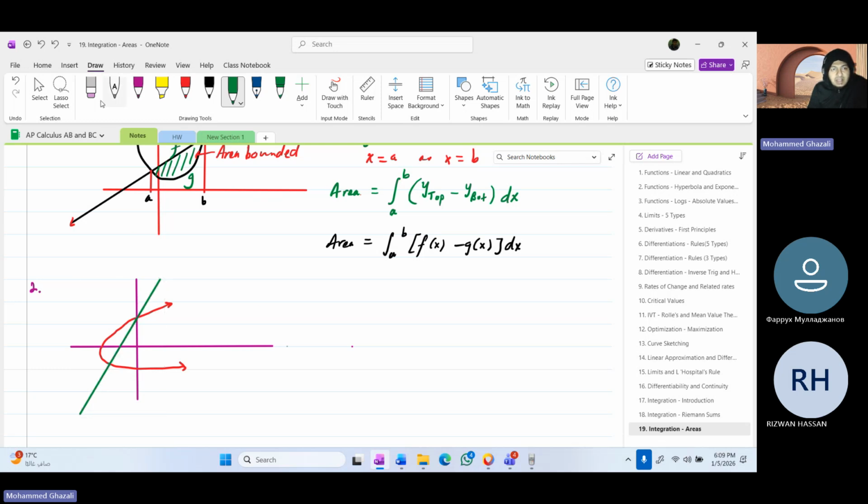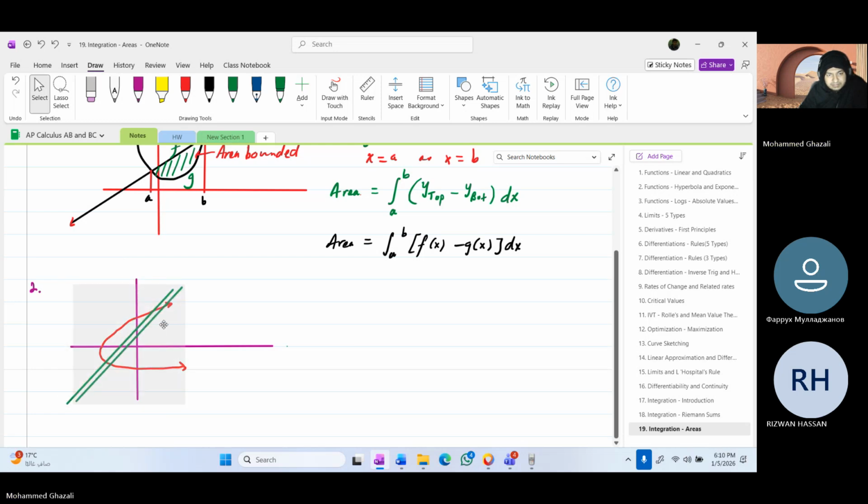Now, obviously we need points of intersection, but now we need the points of intersection on y. Let me just slant the line a little bit more. Great.